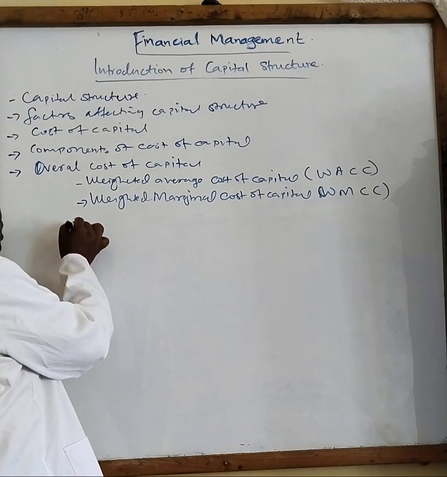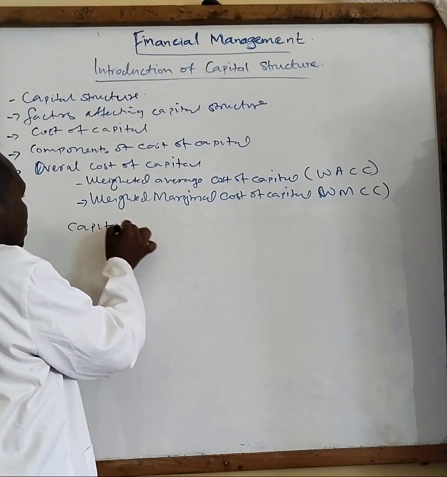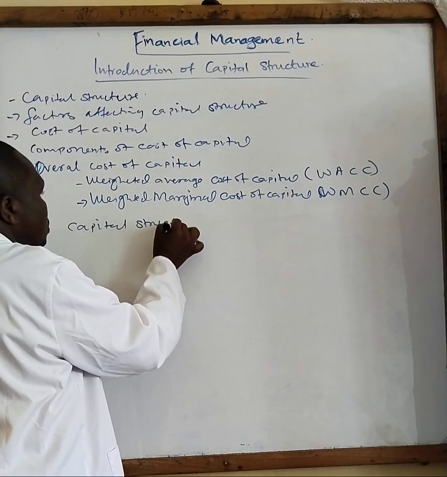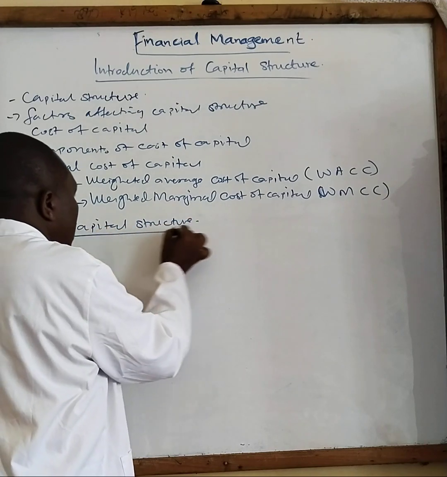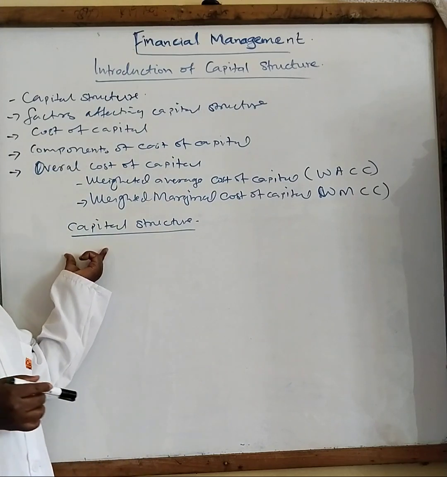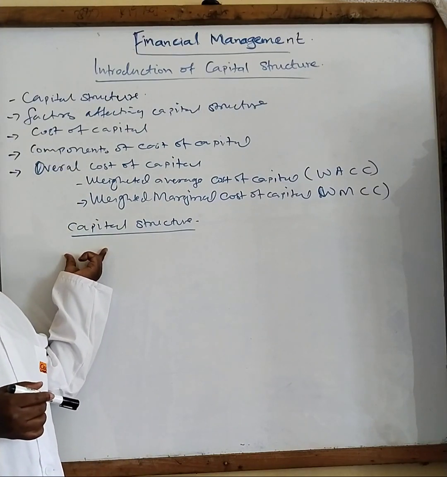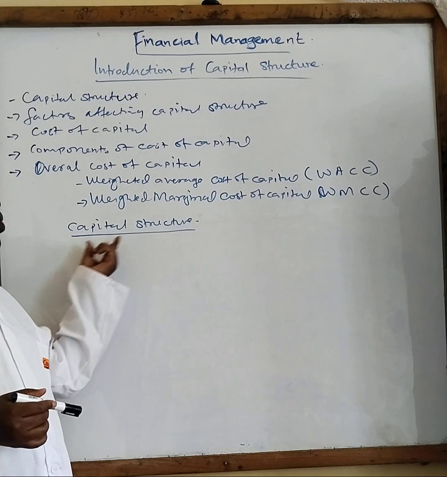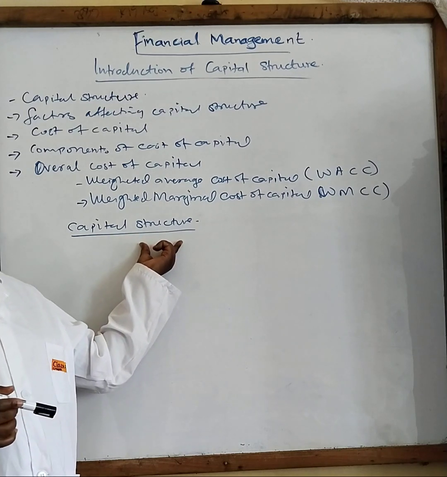First, let me start with capital structure. As the word suggests, we have capital here, which has to do with funds and finances, and then we have structure, which is like a building.